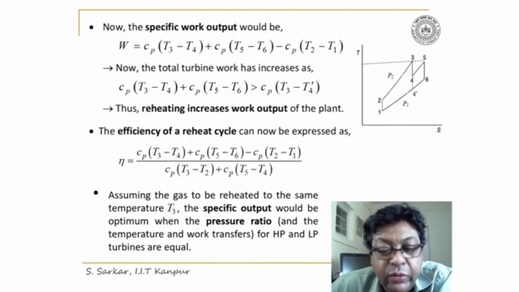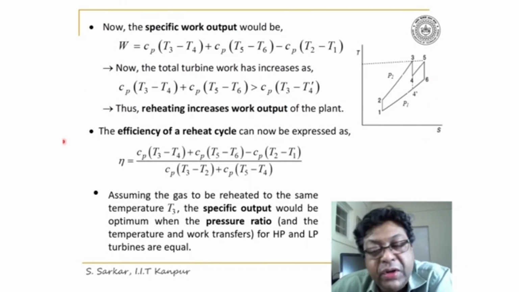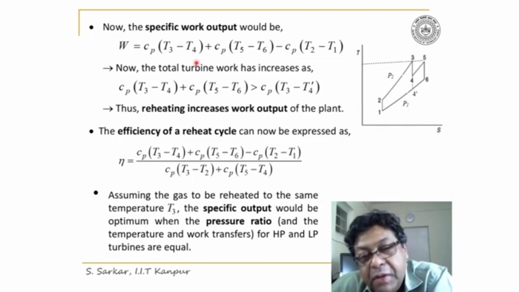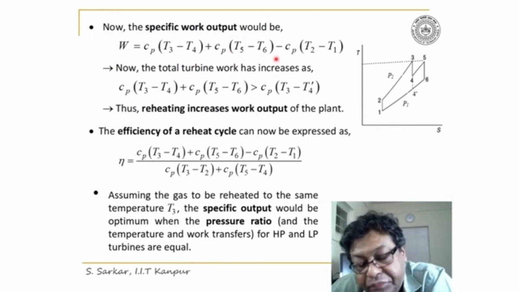Let us carry out now the performance analysis of a reheat cycle. Thus, the specific work output can be given by W equal to the work done by the two turbines minus compressor work. So it would be Cp into T3 minus T4 plus Cp into T5 minus T6.